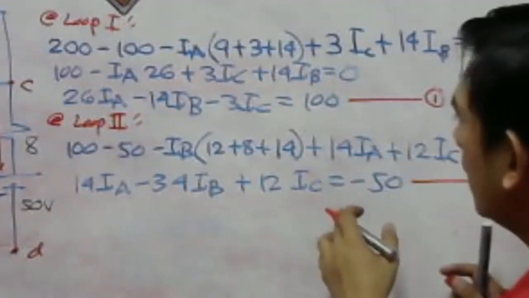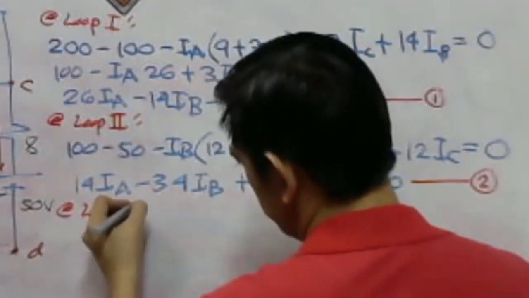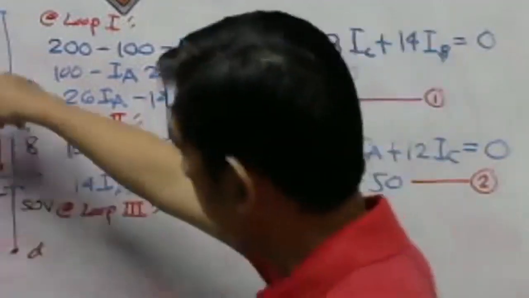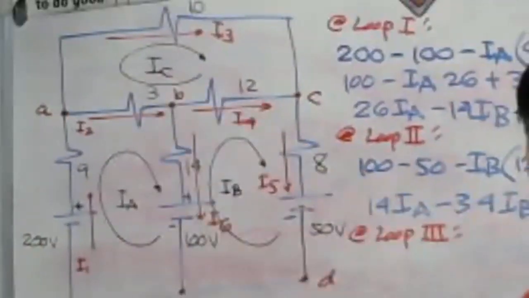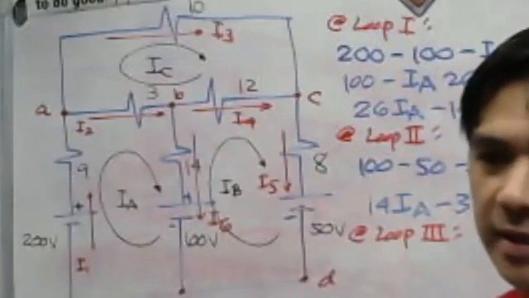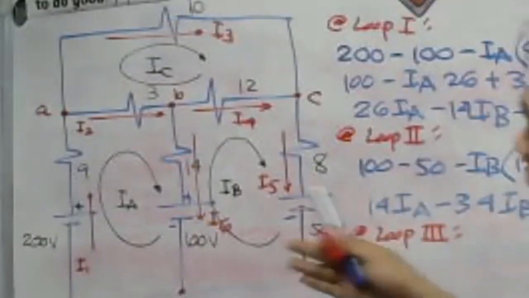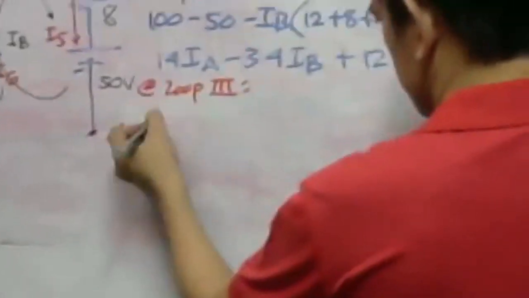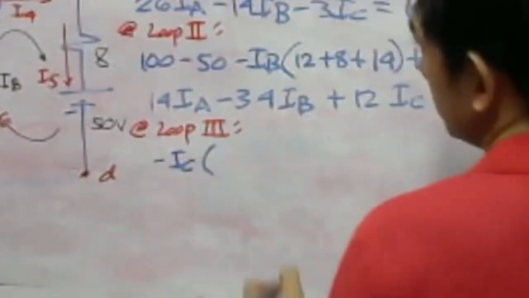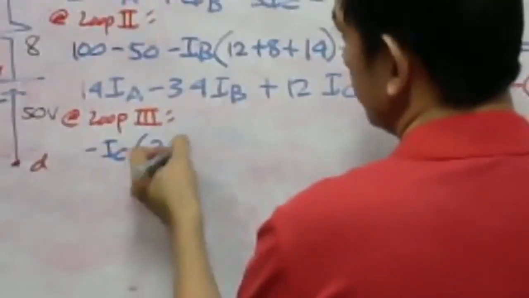Then let us have now our loop 3 equation. At loop number 3, what do we have here? The loop current is I sub C, that is the circulating current. So there is no voltage source here, so we can go directly with negative I sub C multiplied by 3 plus 10 plus 12.